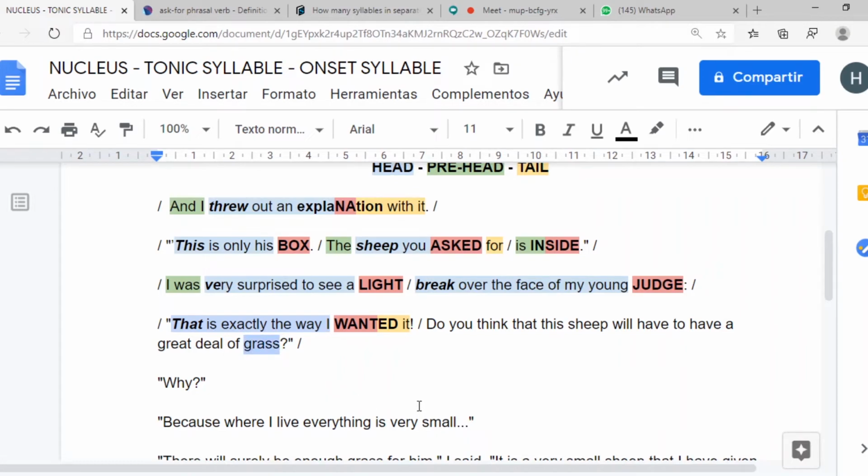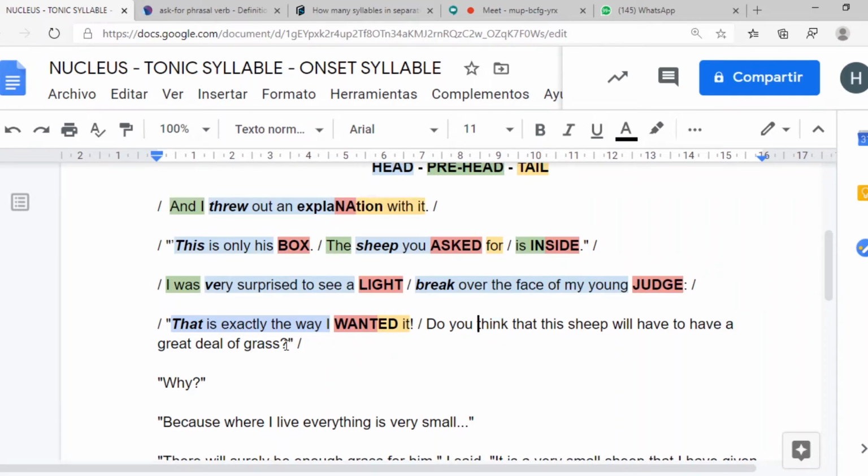Grass again. Okay, so if you choose to keep it in just one single utterance, you will have this part as your nucleus and as your tonic syllable, because it's a monosyllabic word, and think is your first stressed syllable, so your onset syllable will be here.